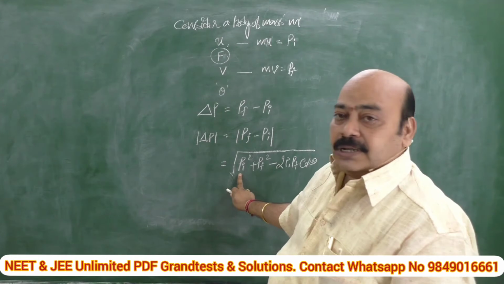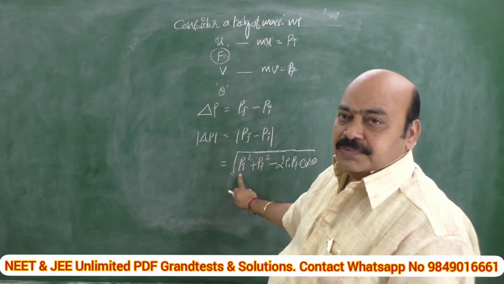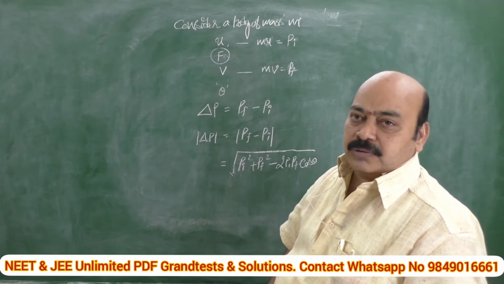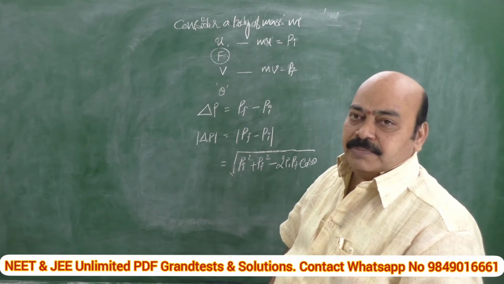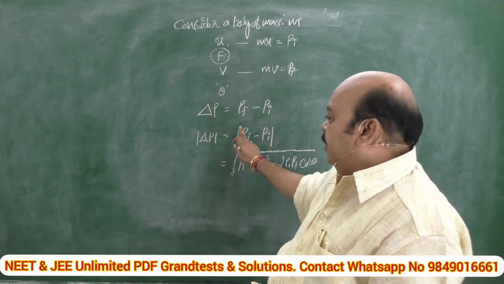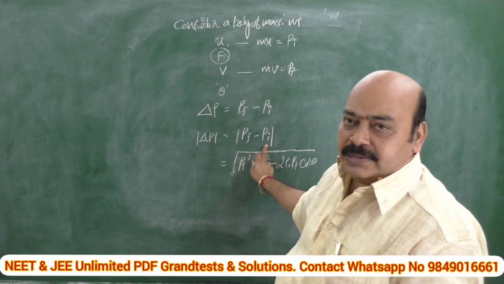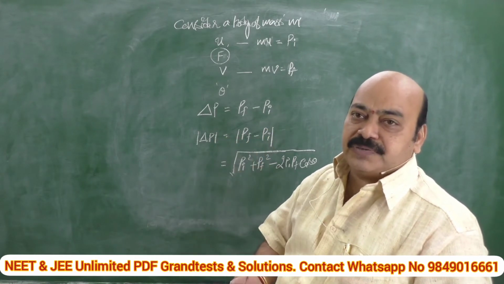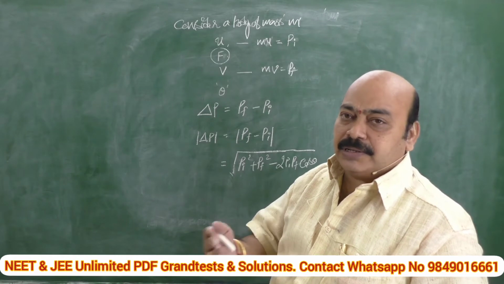From vector addition, we have the magnitude of A plus B equal to the square root of A square plus B square plus 2AB cos theta. Similarly, it is the magnitude of Pf minus Pi. This is just like the magnitude of P minus Q, the square root of P square plus Q square minus 2PQ cos theta.